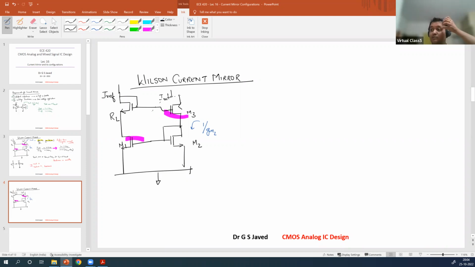Now it gets better for me, right? What are the things that are going to get better? If you start from this point, your R out will start from here and go all the way there and land up here. We will show how that matters. So let us work on the R out.